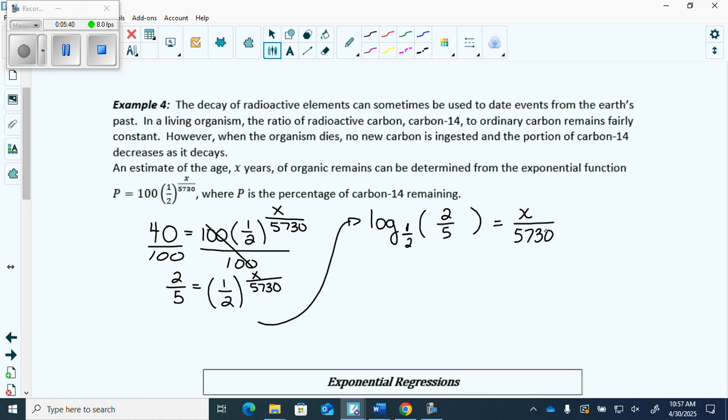How do I get rid of the 5,730 that is divided? Multiply. Everyone's typing it in?